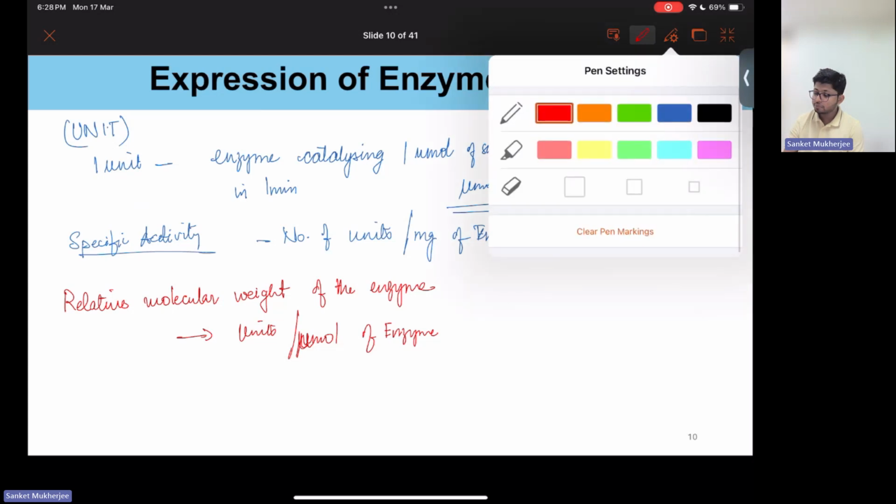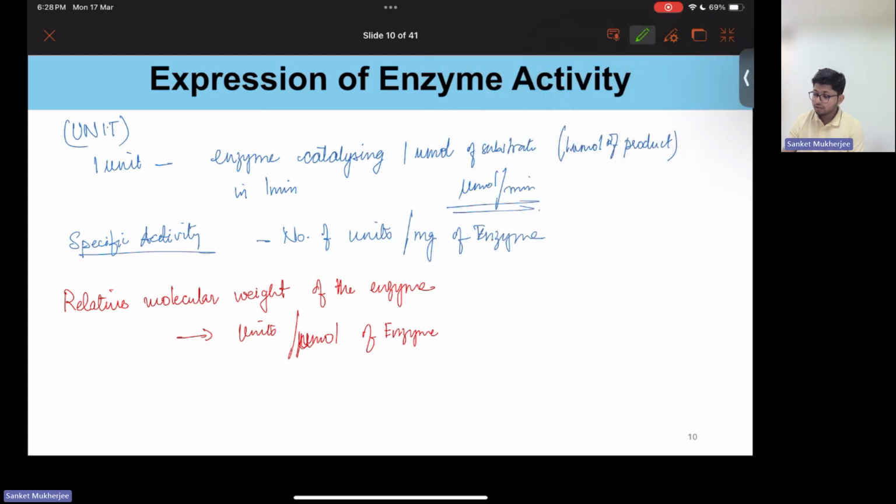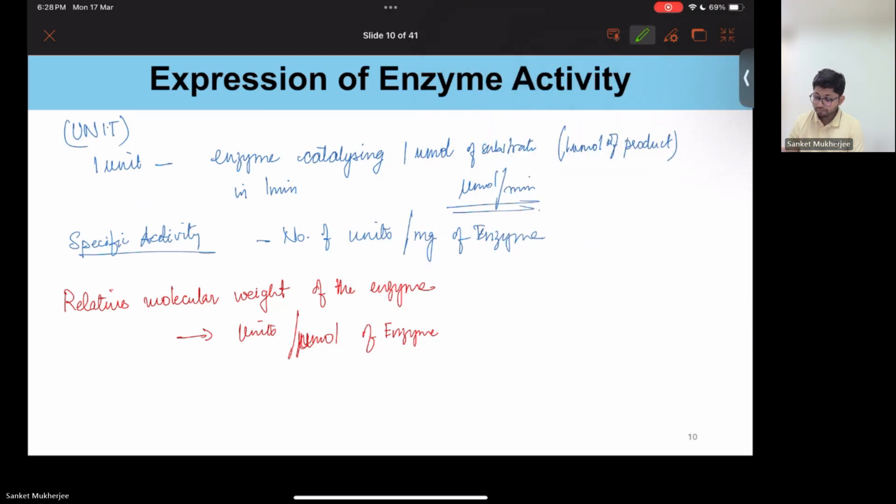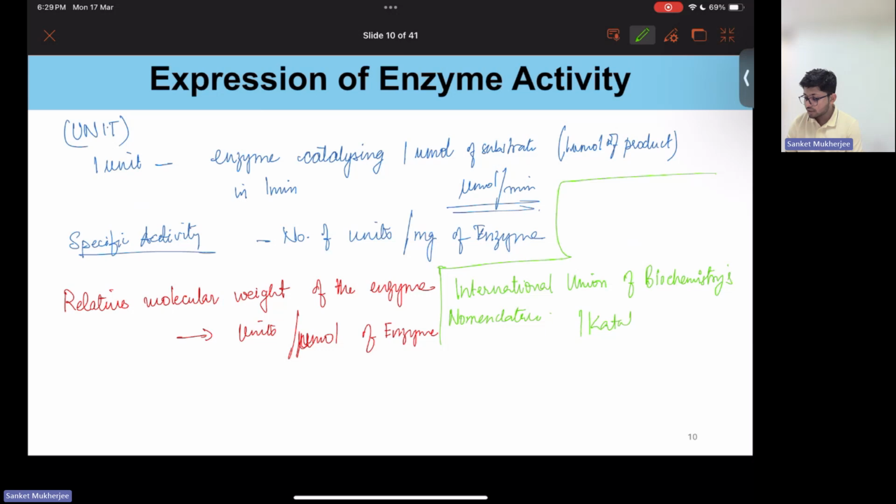Now, according to the International Union of Biochemistry's nomenclature, the enzyme unit is 1 katal.